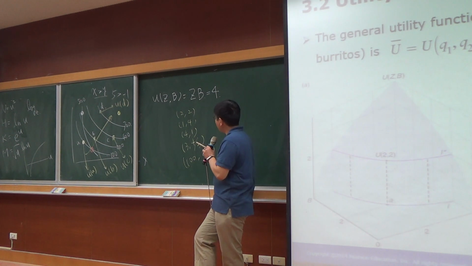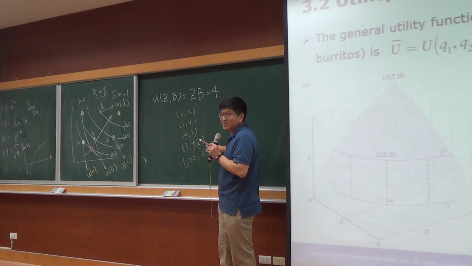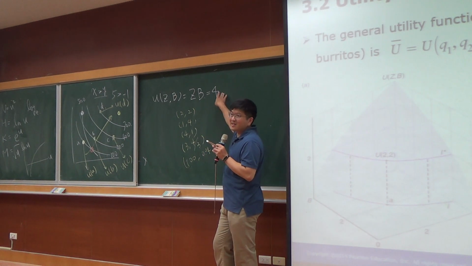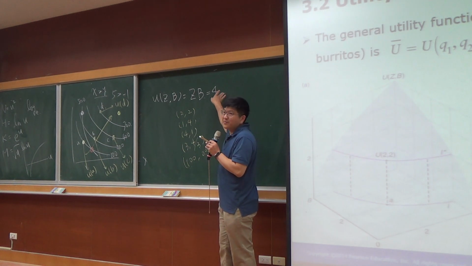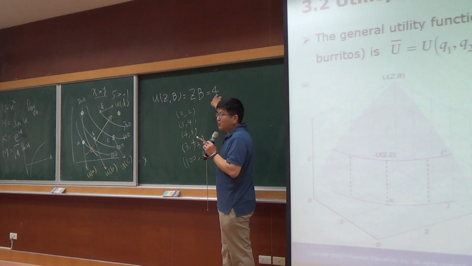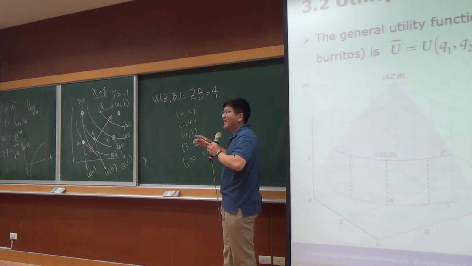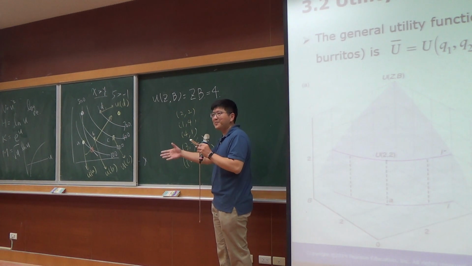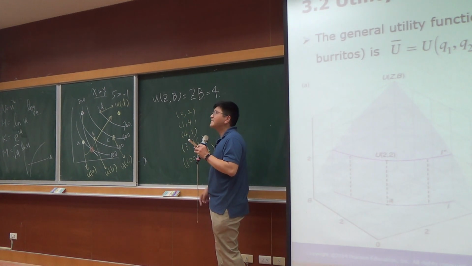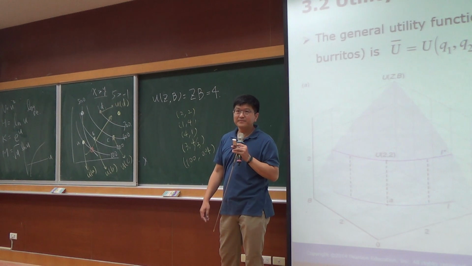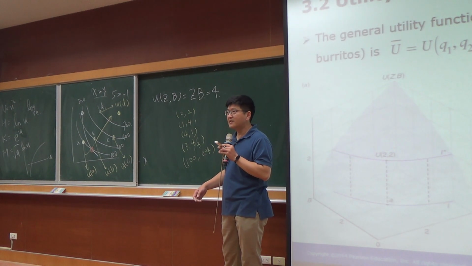Okay? So all these bundles satisfying the utility level of 4, which means all these points are on the same what? Right, indifference curve. Is that clear?